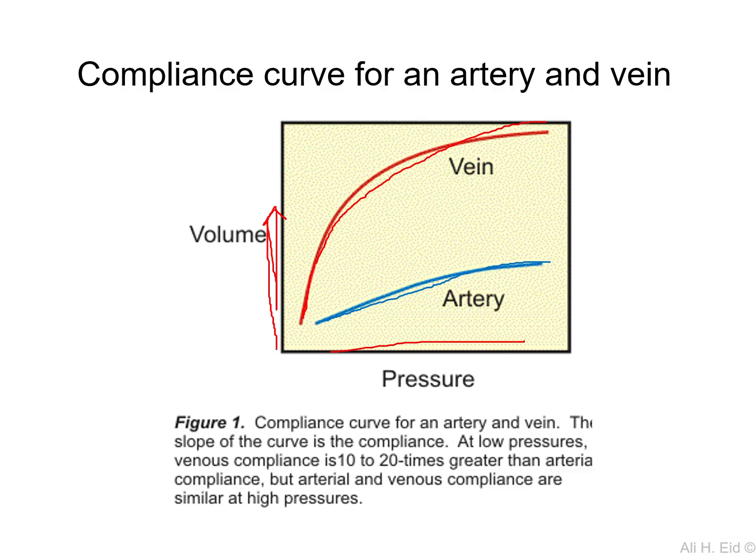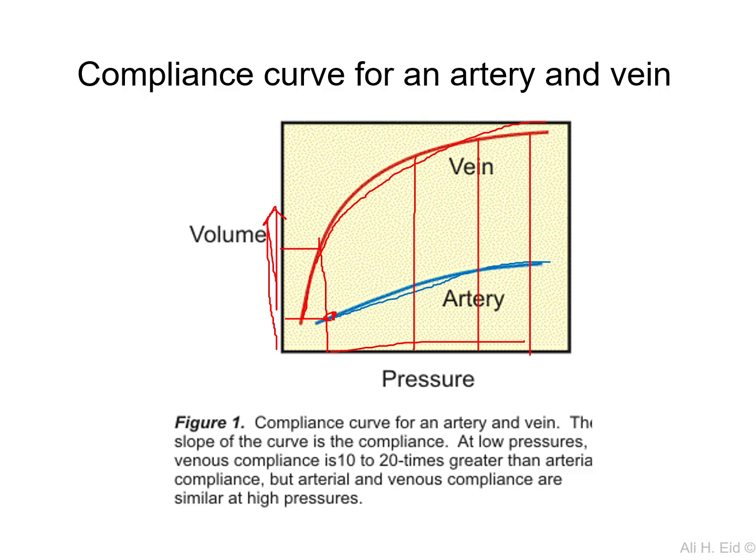The importance of this is that at low pressures, if you take any pressure here and project on both, the volume that you can put in an artery is here. The volume that you can put in a vein is there. So at any given pressure, the vein is more compliant than the artery.